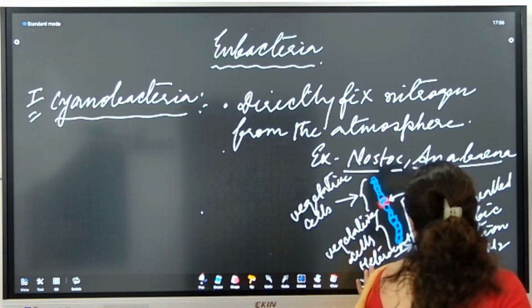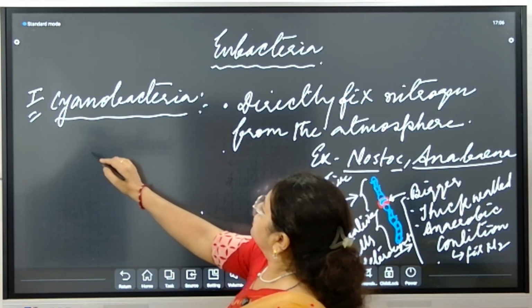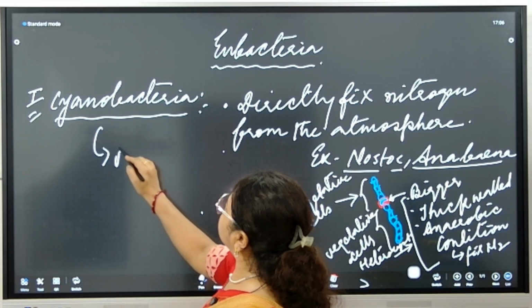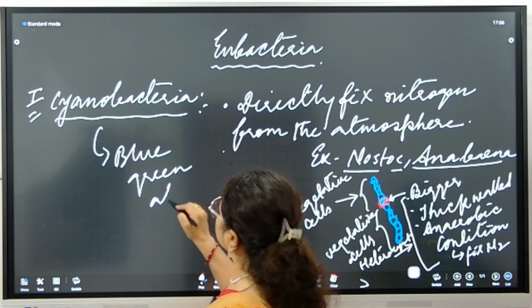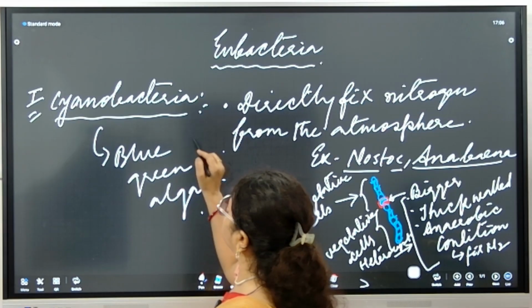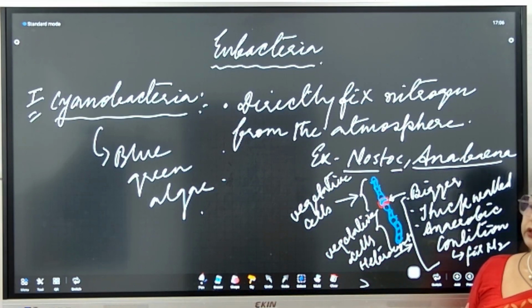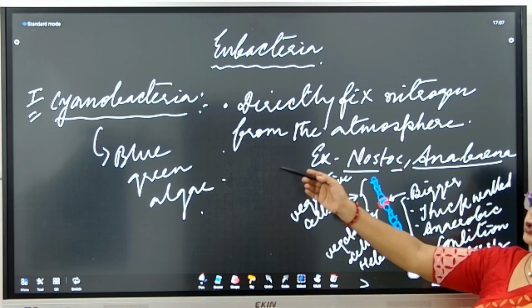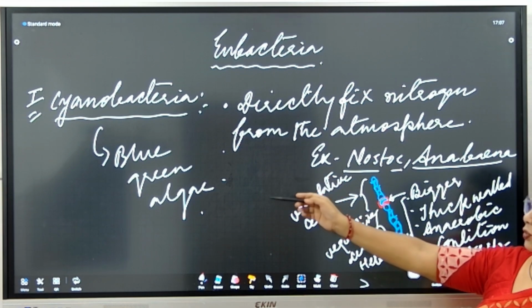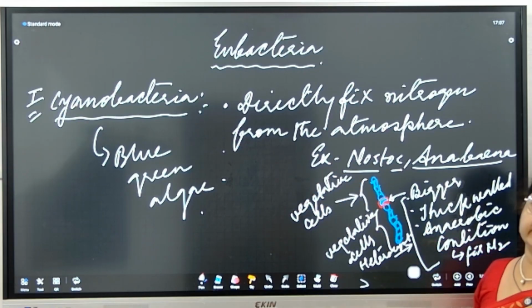Okay, now why is cyanobacteria also called blue green algae? Because of some pigments like phycoerythrin and phycocyanin. The green color is for chlorophyll a, and the bluish grayish color is for phycocyanin.